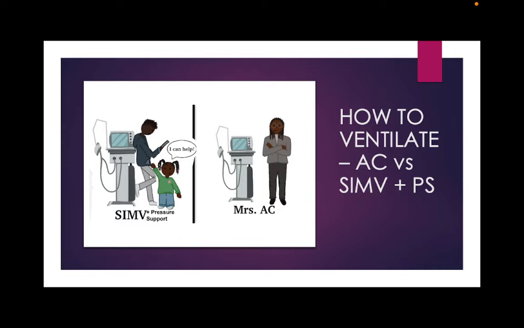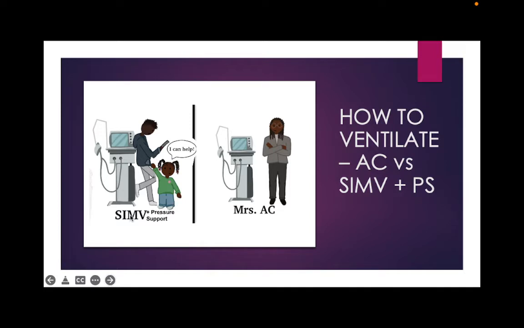If they want more, they're on their own. They can do it on their own. But little sister pressure support comes along and says, no, I can help. I can help for those extra breaths. And so for those extra breaths beyond your set rate of 10 or 15 or 20, kid pressure support helps out, okay?